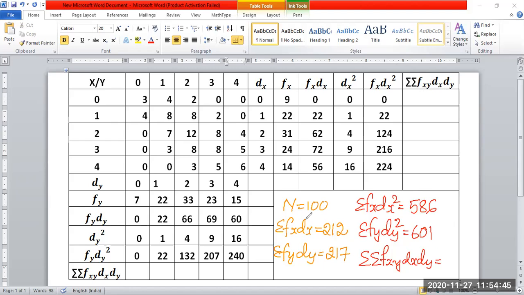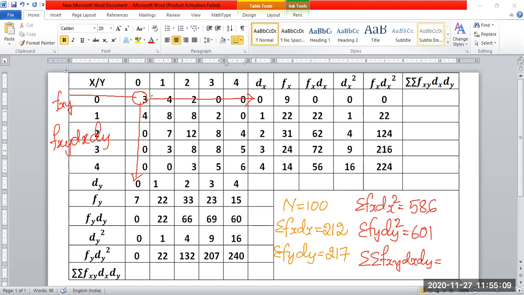Here, please concentrate guys, how to do this one. Look at that, each box is there, no? This is called fxy. And same thing here, this is a dx. And same thing here, this is a dy. What we'll do, the formula fxy dx dy.